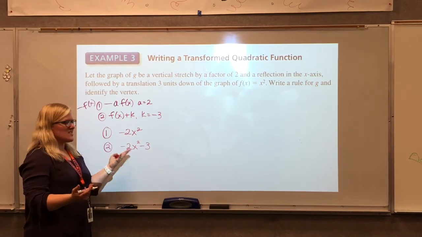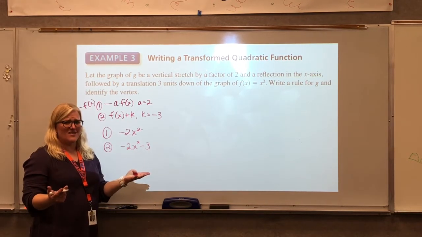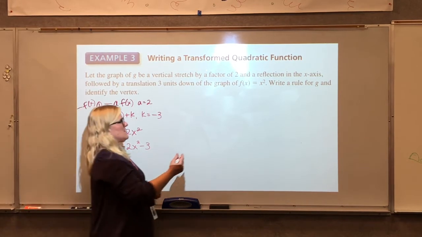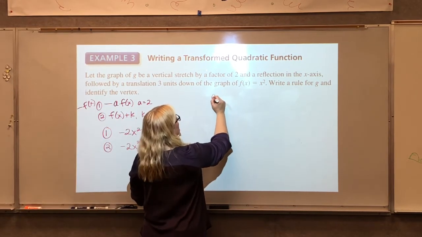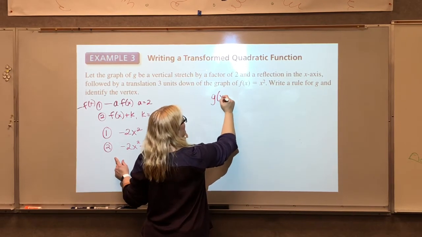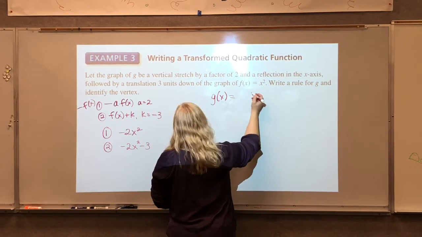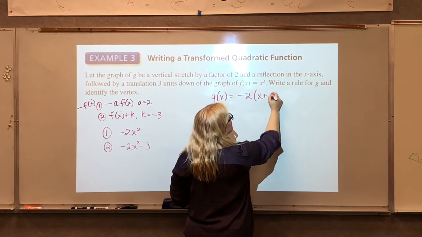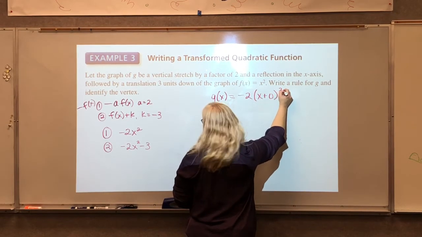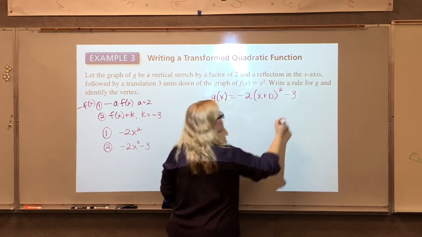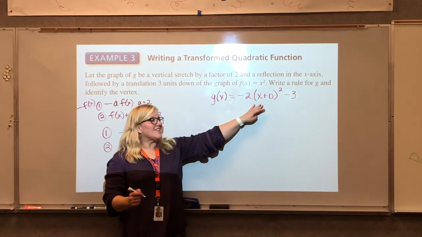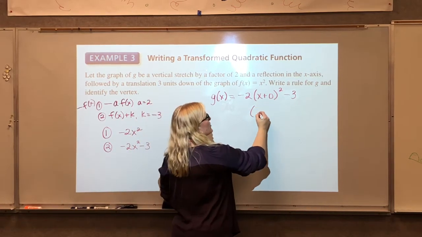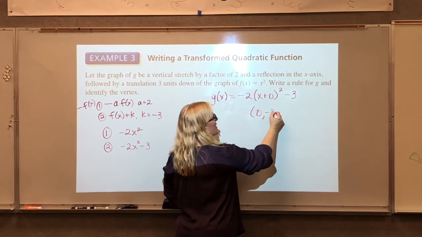Now, that doesn't look like it's in the vertex form at all. But if I rewrite this, I can say g of x equals negative 2 times (x plus 0) squared minus 3. So when I rewrite it like this, it is in vertex form, and I know that the vertex is (0, negative 3).